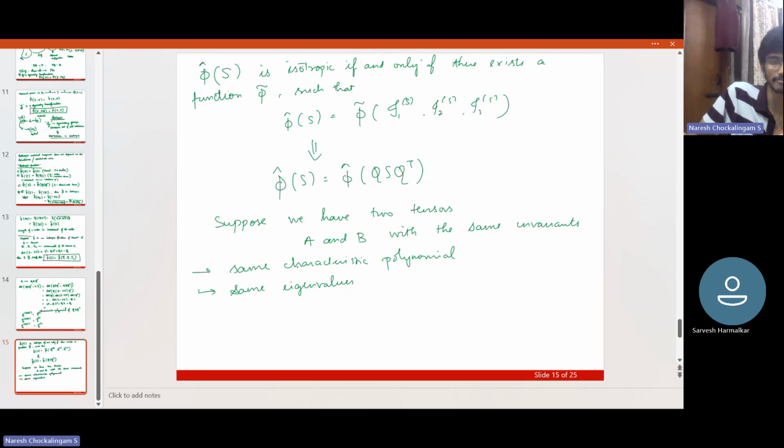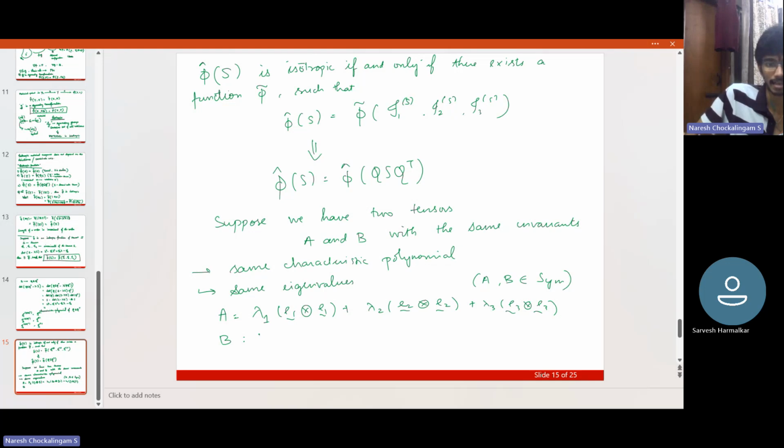So by the spectral theorem, if you assume A and B are symmetric, then A can be written as a sum of its eigenvalue lambda 1 multiplied by E1 tensor E1, lambda 2 multiplied by E2 tensor E2, and lambda 3 multiplied by E3 tensor E3, where E1, E2, and E3 are the eigenvectors.